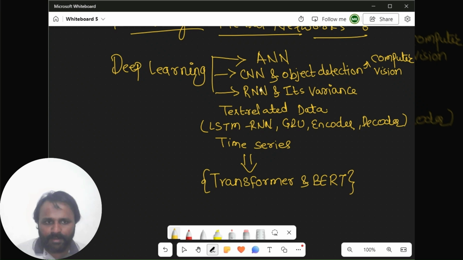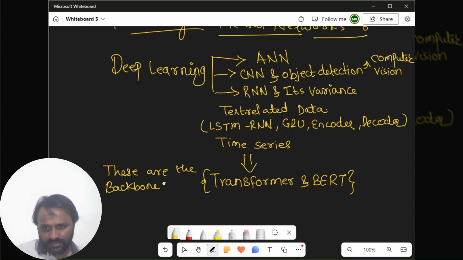If you are talking about generative AI, these are the backbone, the foundation of generative AI.